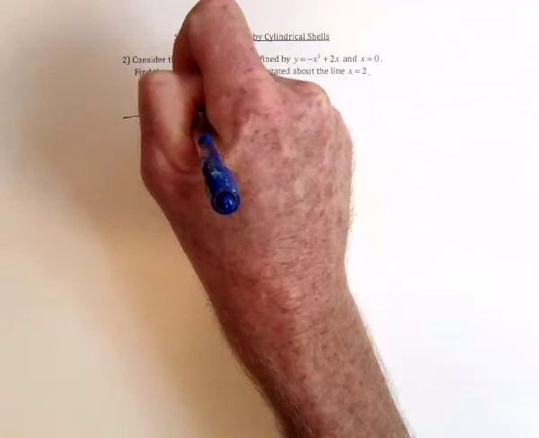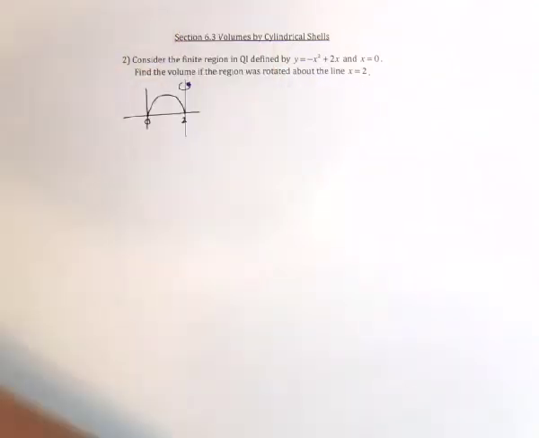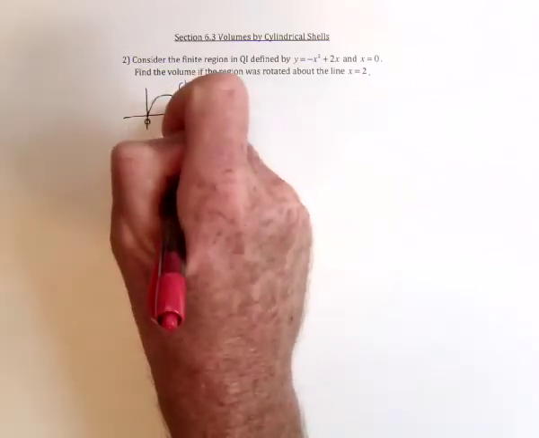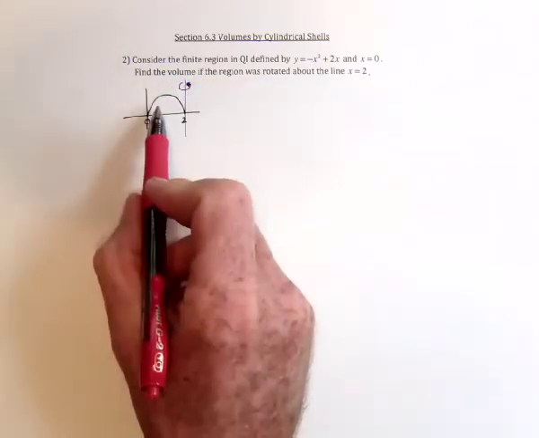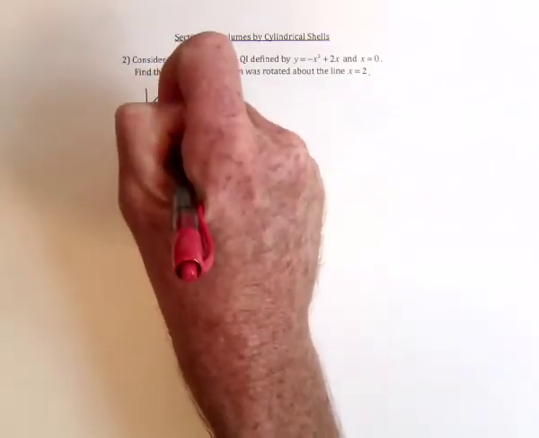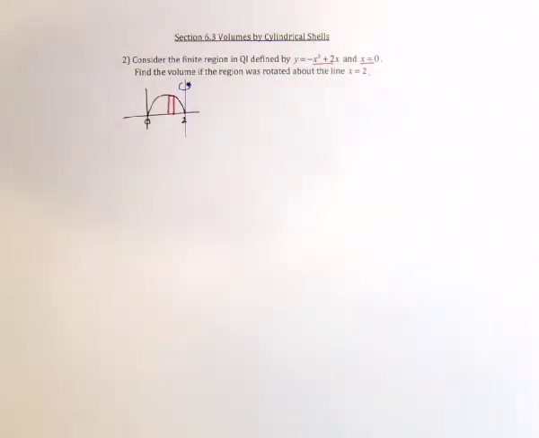So because of the shape of the region, I can't have the representative rectangle going this way from the function to the function. Instead, I have to have it vertical, like this, so that it's between the 2 functions that are described.